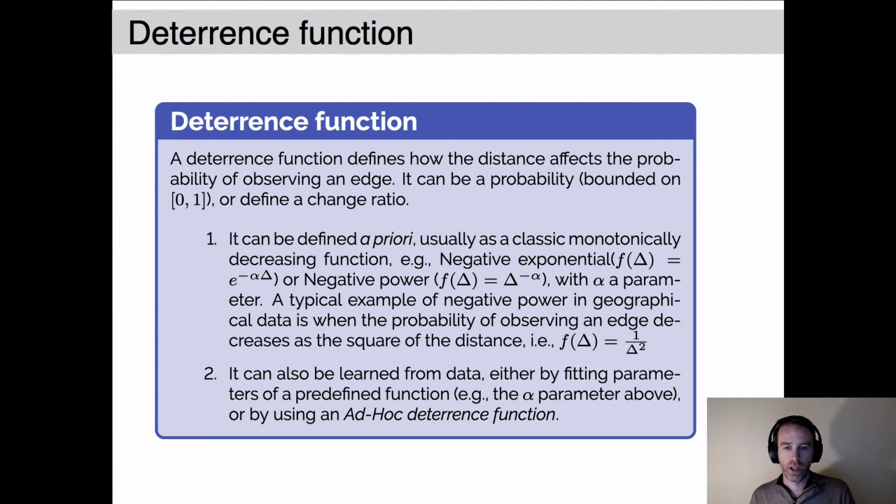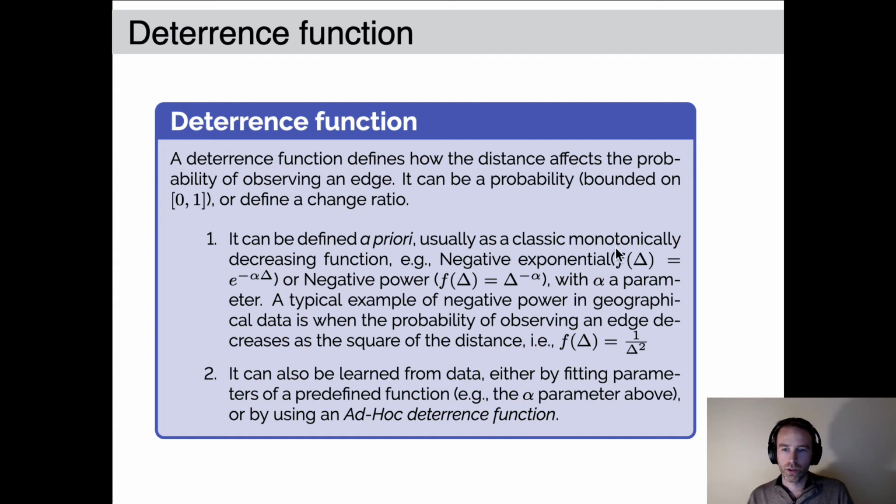So the deterrence function is really what defines the impact of space on this probability of observing edges, and there are typically two cases. The first one is when it's defined a priori, which means that we consider that we already know that, for instance, the probability of observing an edge will decrease according to the square of the distance, typically.